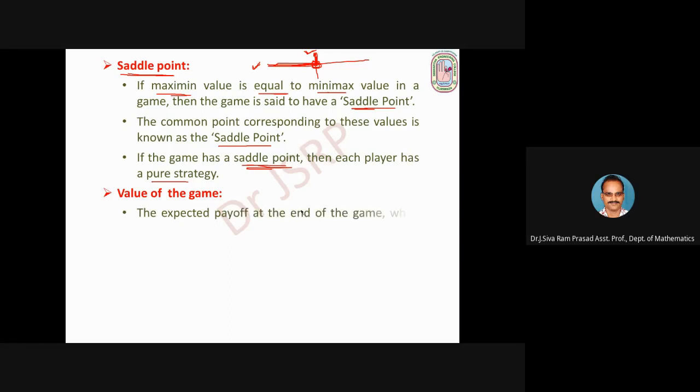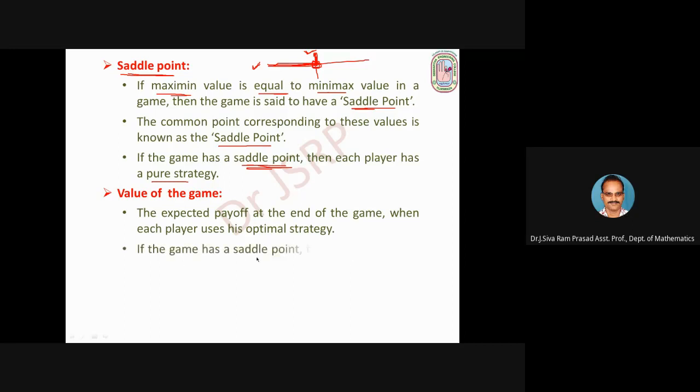The expected payoff at the end of the game when each player uses his optimal strategy. That is the value of the game.